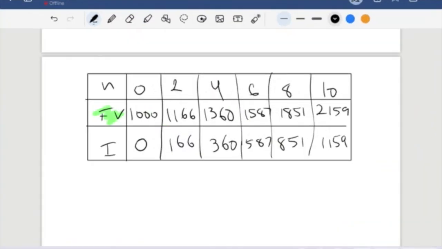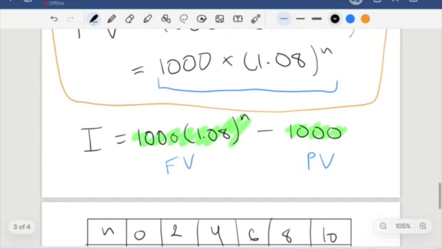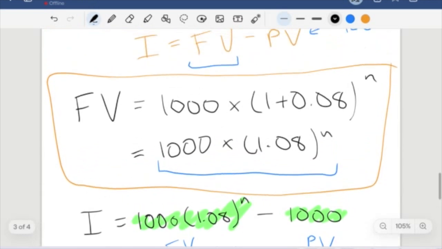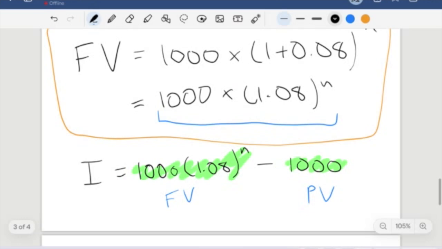But the main thing I wanted to get us to in this video is understanding how we can set up this equation, this I equals 1,000 times 1.08 to the power of n minus 1,000. We're combining two different equations, the future value one, which gives us our interest in addition to the principal, and then applying that to make an interest formula, which takes our future value and subtracts the initial present value, which here was 1,000.